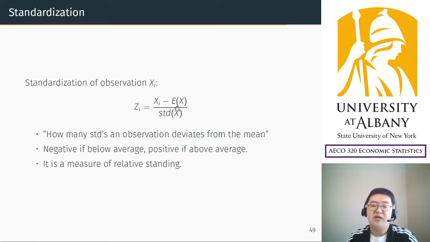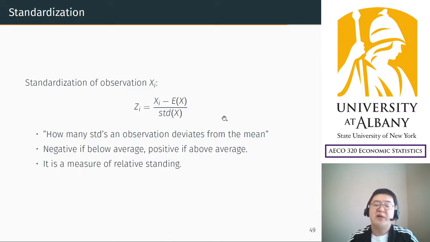Then you get a new measure. Usually this standardized number is denoted by z, and it captures how many standard deviations you deviate from the mean, above or below. If it's negative, it's below the average, and if it's positive, then you are above the average. If it is zero, you are exactly at the center.